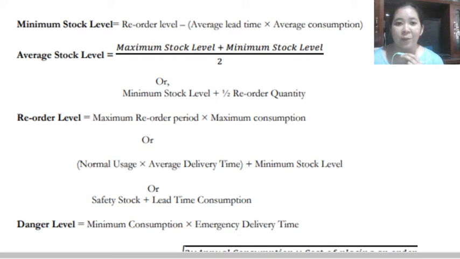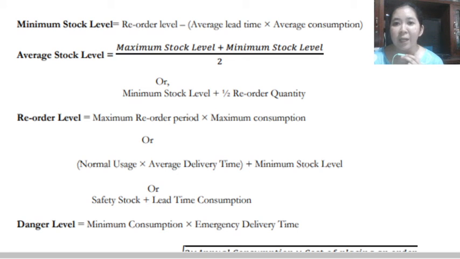So we will add the lead time consumption. So lead time consumption is the amount of inventory that is consumed in the production or sold between the period where the entity placed the order until they received it. So that's how we determine the reorder level.